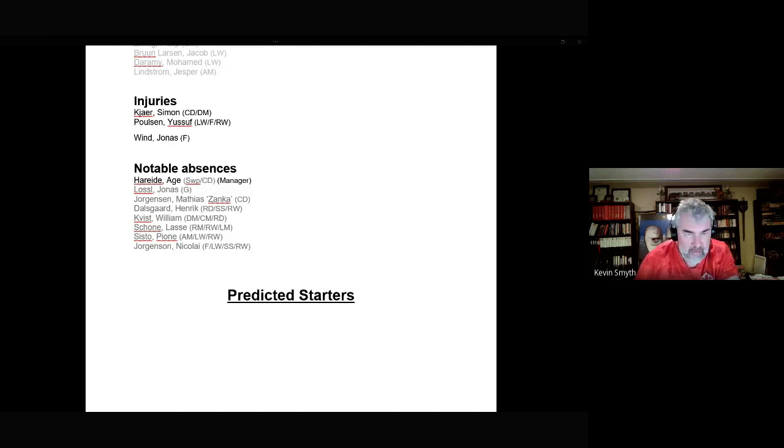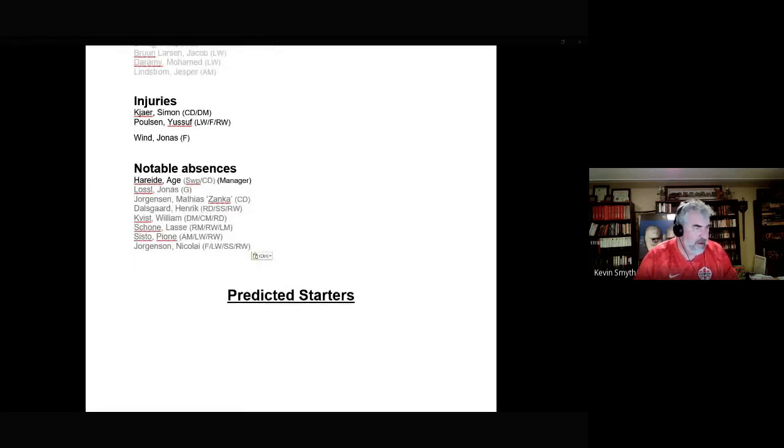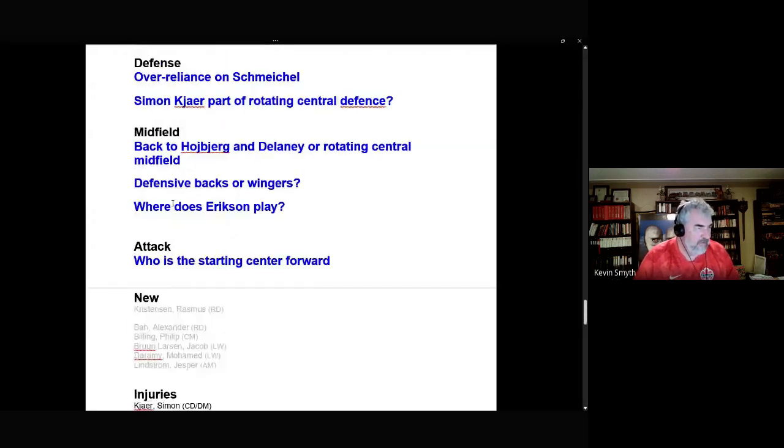So he was a starter in the World Cup, but he lost his starting position there. So all of those players, none of them kind of huge losses to the team there. Some of them veterans with the team for a long time, but none of them real superstars for the team in that notable absence category.